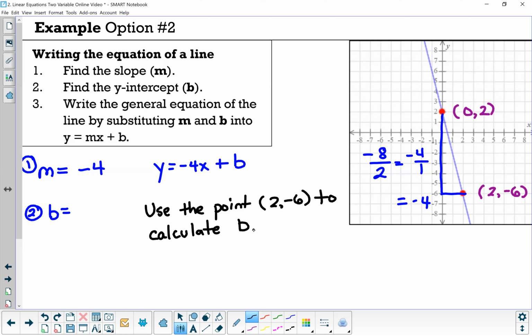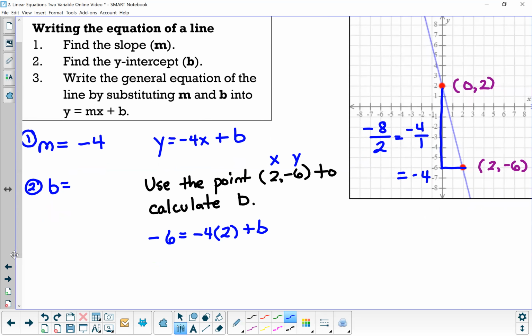And I'm going to do that by substituting for x and y. So 2 is x, -6 is y. So I'm plugging that into y equals -4x plus b. So I'm writing -6 for the y, -4 for the slope from earlier, our x value is 2, plus b.